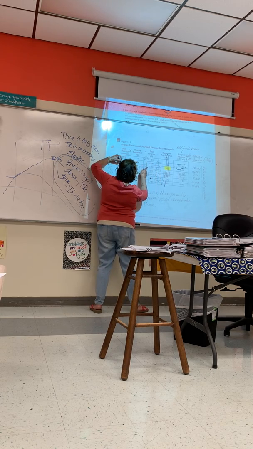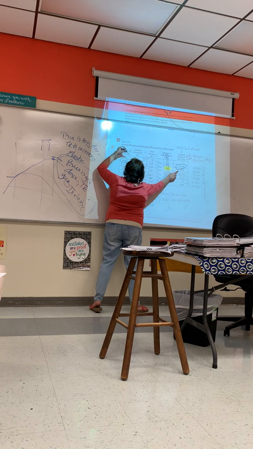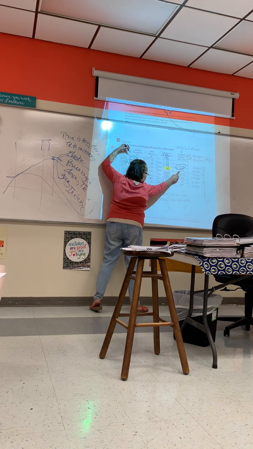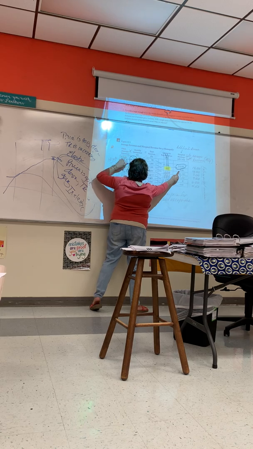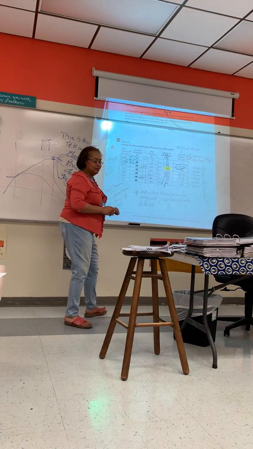The difference between 12 and 21 is 9. Well, you gotta remember, I had to lower my price here. I had to lower my price here. What did I lose right here? $3. The difference between 12 and 9 is what? $3. So my marginal revenue is not my price, it's less than my price, because I had to lower my price to sell those extra units.